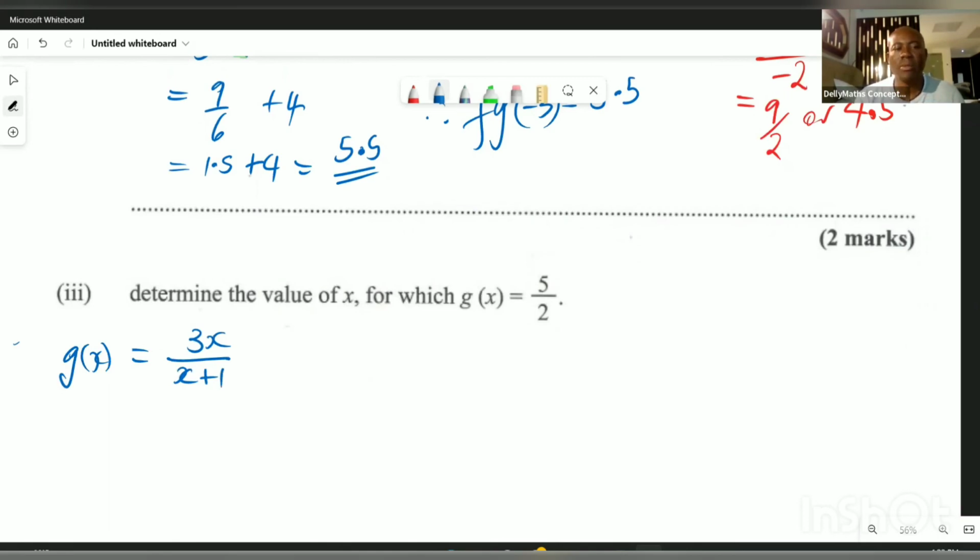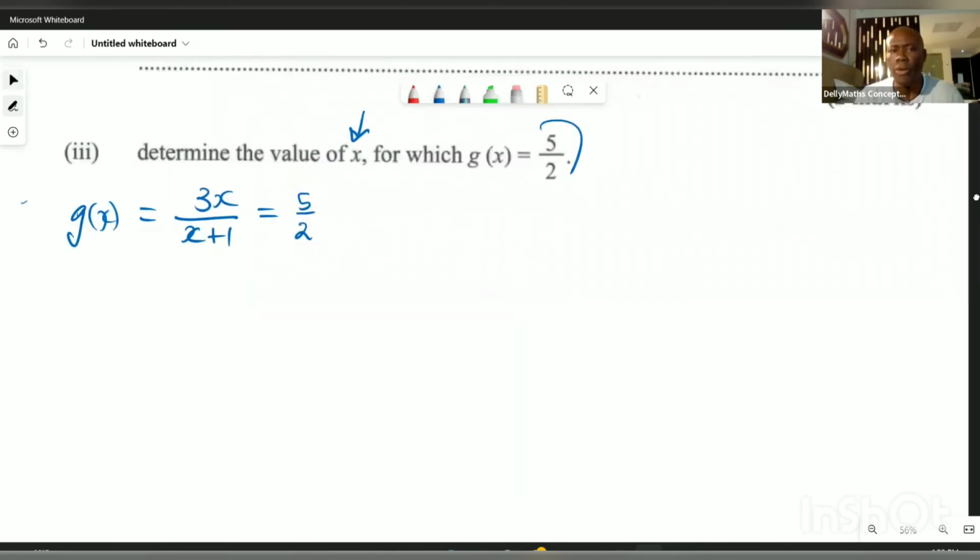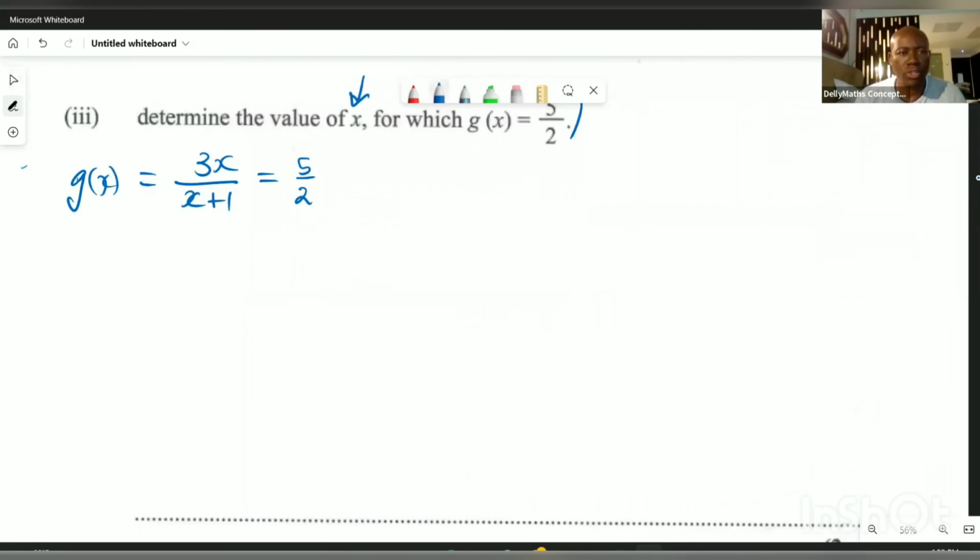So this is saying determine the value of x for which g of x will give us this. In other words, we want to equate this to 5/2, and in equating this to 5/2, we're going to solve for x. So we have 3x over x plus 1, which is equal to 5/2.